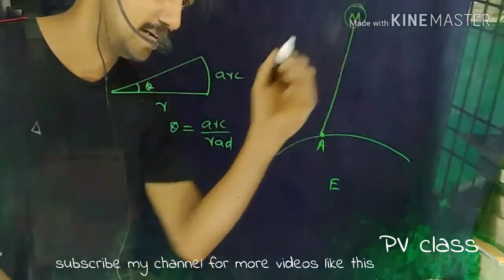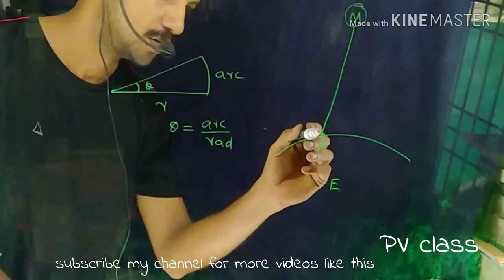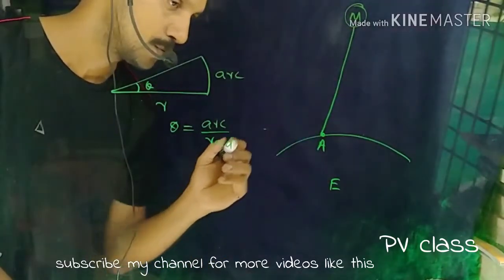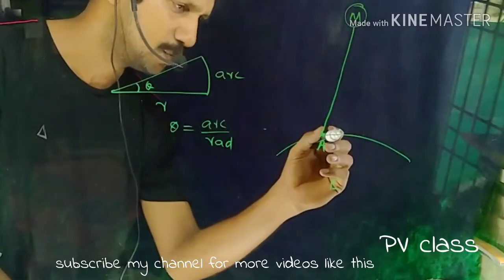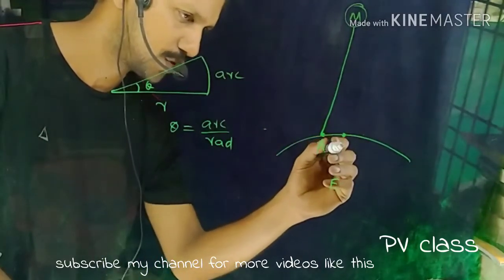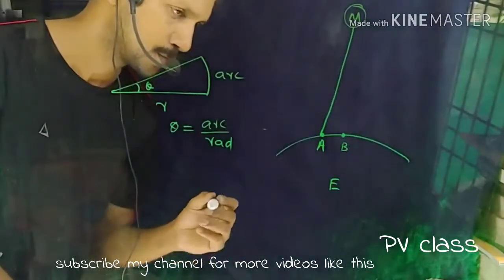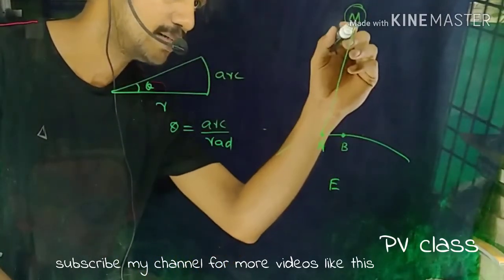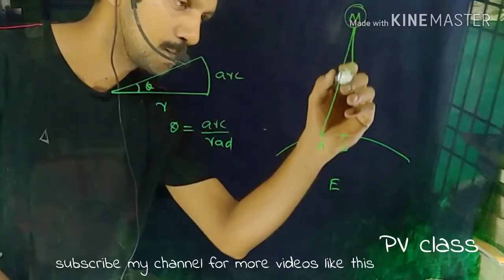Let me draw a line like this. We have focused our telescope from point A to a particular point on the moon. Then we'll change our position and come to another point B, and from point B also we focus our telescope to that same point on the moon.